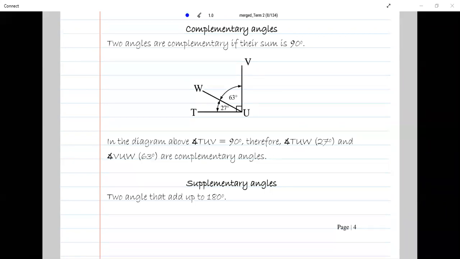So we just looked at complementary and supplementary angles. When two angles add up to 90 degrees, they are complementary. When two angles add up to 180 degrees, they are supplementary.